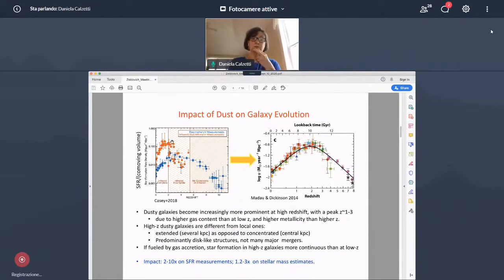Now, why do we worry about dust and why do we have such a predominant amount of dust effects at high redshift? We would expect that the higher the redshift, the lower the metallicity of the galaxy, the lower its overall dust. This is only partially accurate because as you go back in redshift, galaxies correctly decrease in overall metallicity, but they also increase in the overall gas fraction.